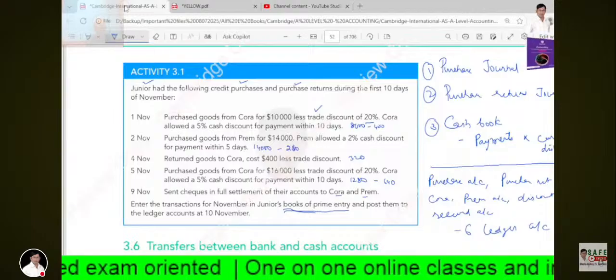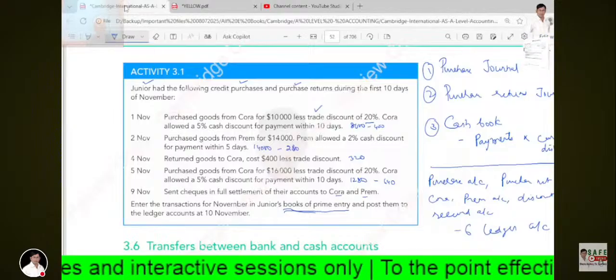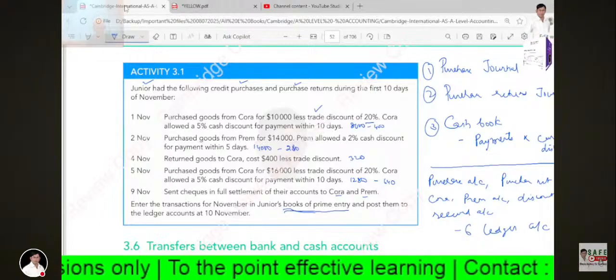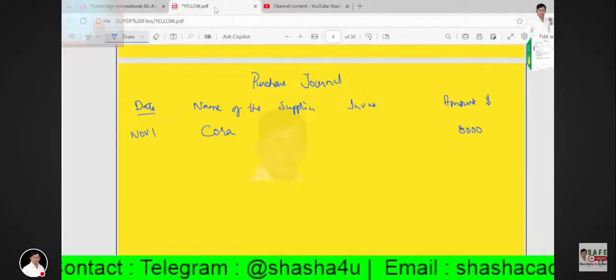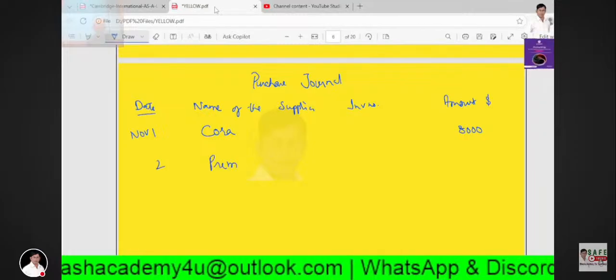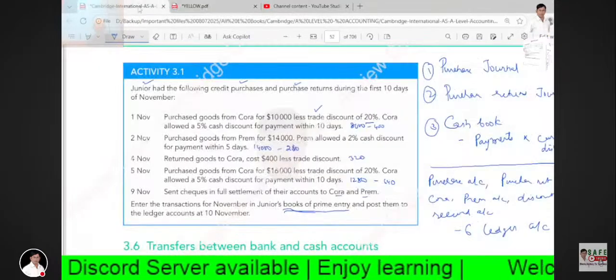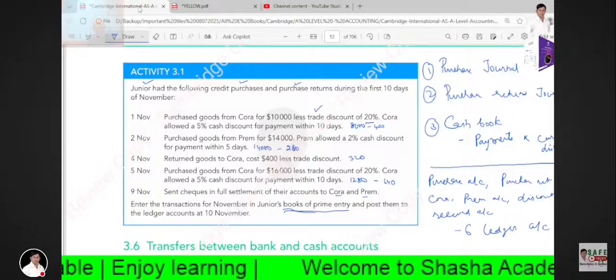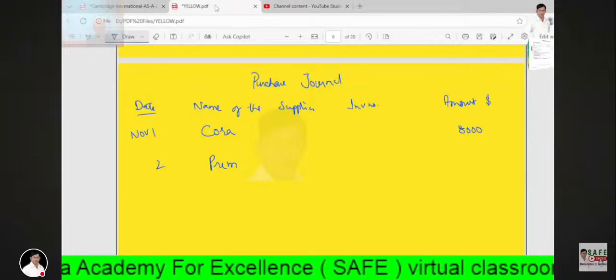Next, purchase goods from Prem, on 2nd November. The amount is 14,000.